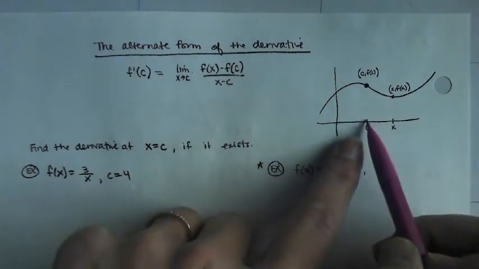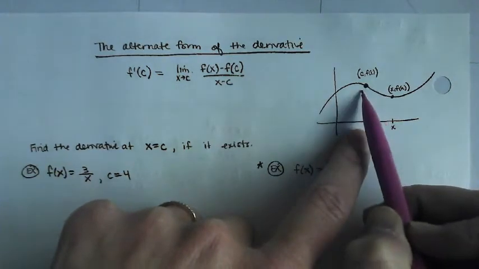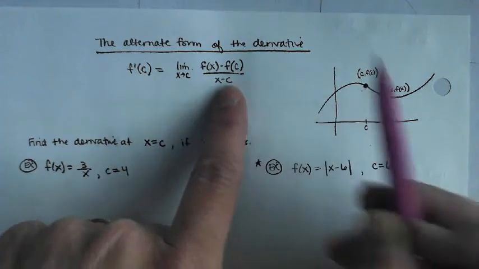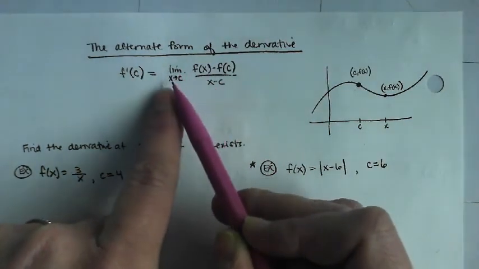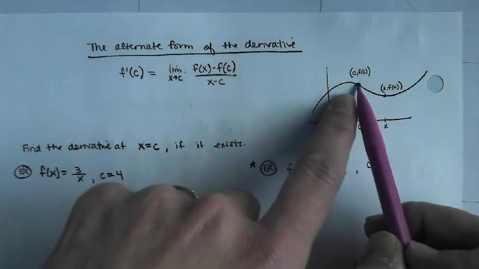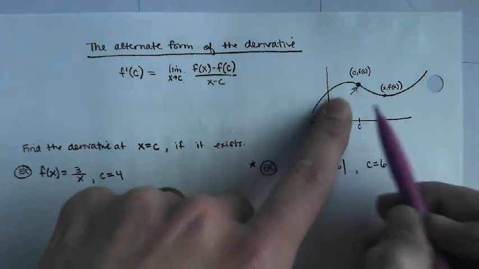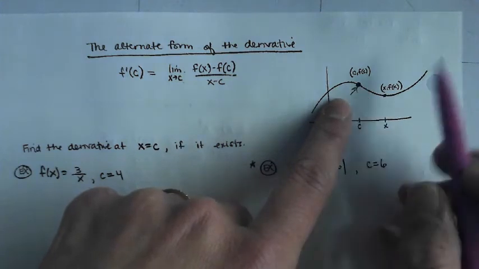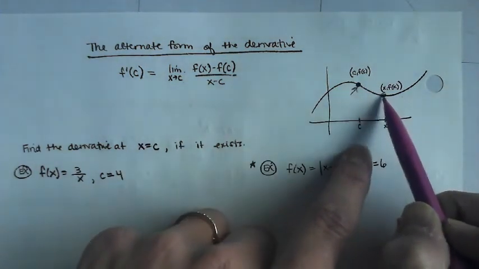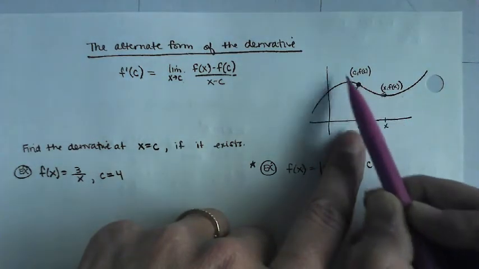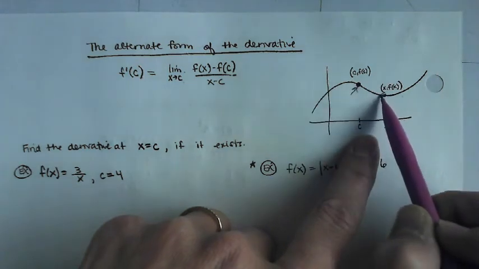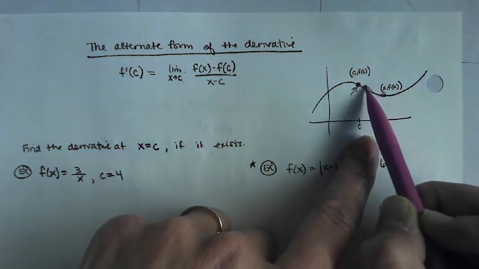If I had a specific point on a curve in mind, I can find the limit as x is approaching that number. So you have your two points, c, f of c, where I want to know the slope, and a second point, x, f of x. Essentially, we're thinking about the secant line connecting these two, and what the slope of that line will approach as I slide x closer to c.